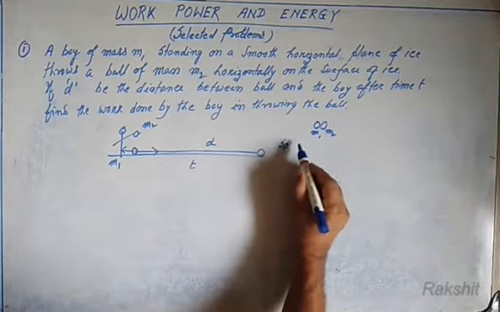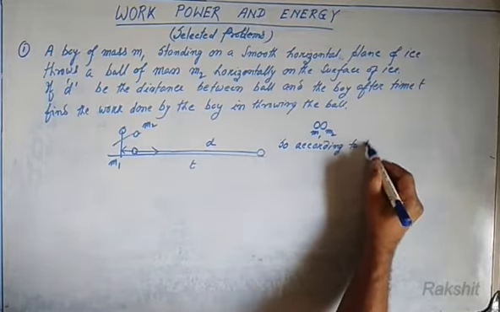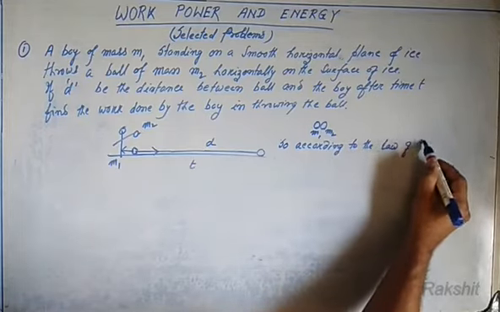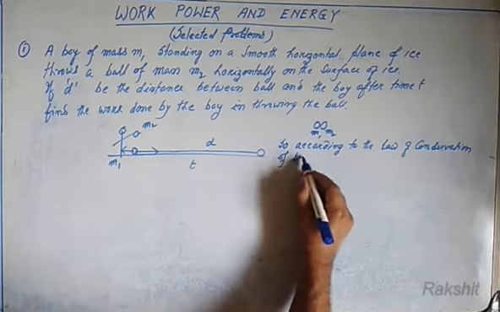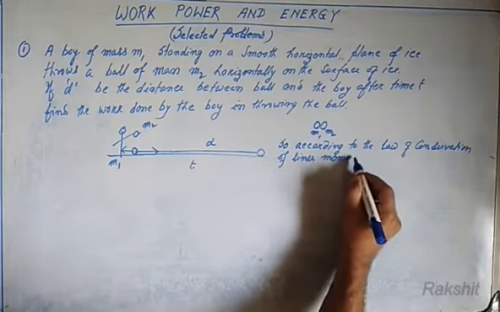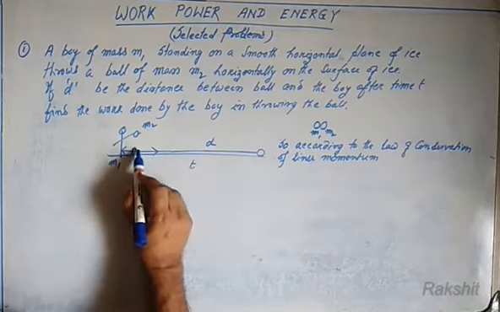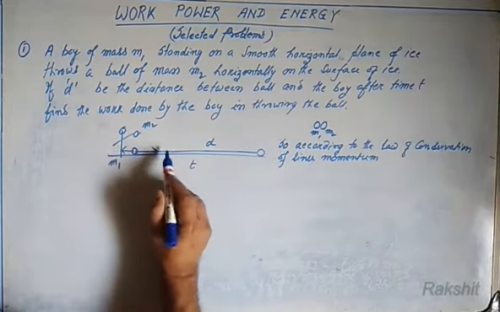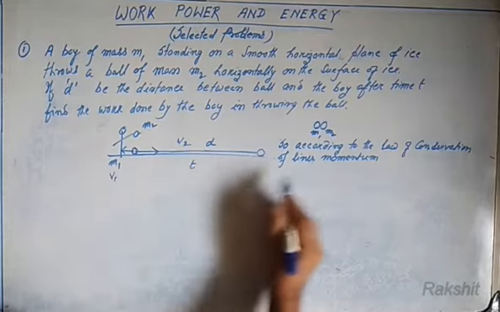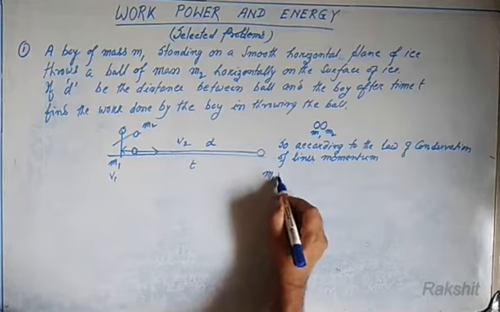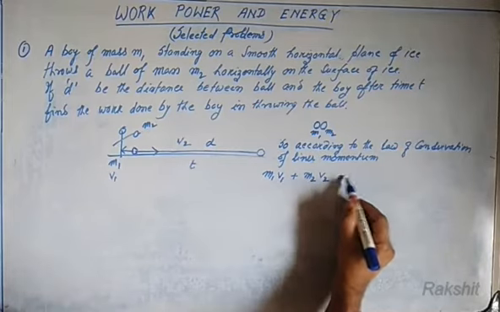So according to the law of conservation of linear momentum, if the velocity attained by the ball is equal to v2 and velocity attained by the man or boy is equal to v1, m1 v1 plus m2 v2, this is the final momentum, is equal to 0.